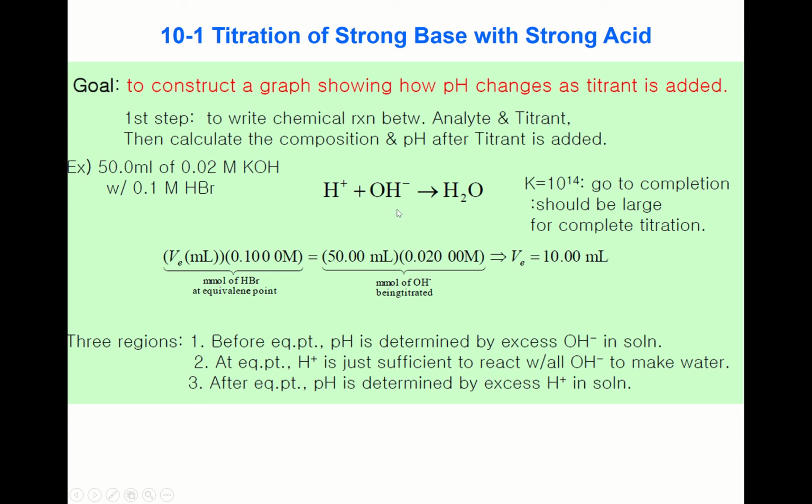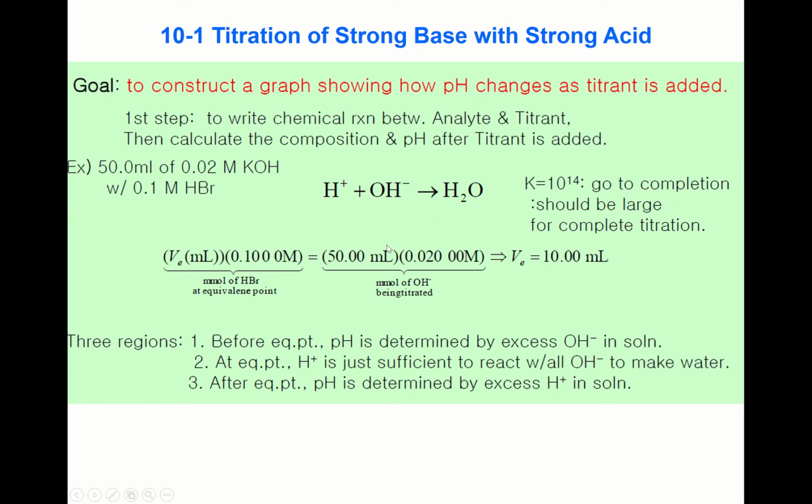This is the reverse reaction of water autoprotolysis. We know Kw is 10 to the minus 14, so the equilibrium constant for this reaction is 1 over Kw, which is 10 to the 14. You see, this is an extremely large number. So virtually there is no reverse reaction here.